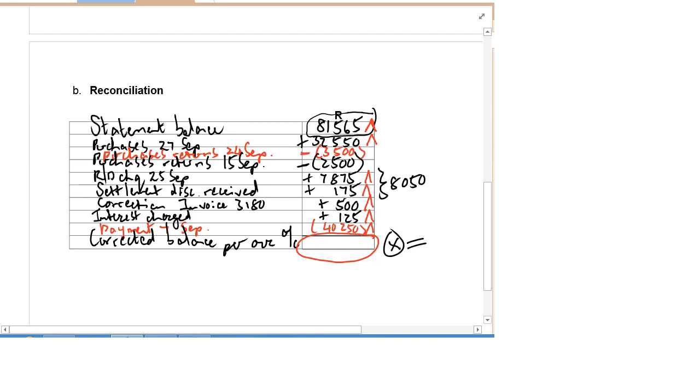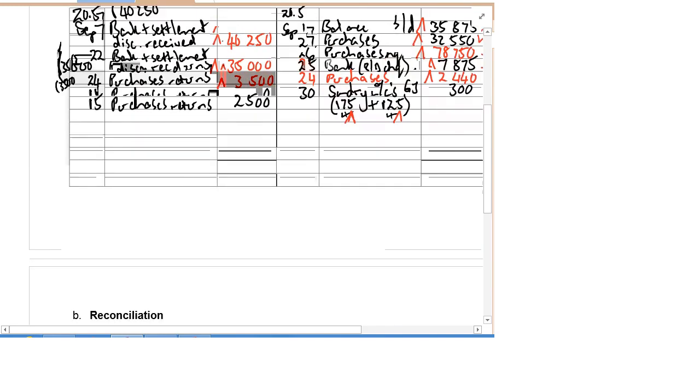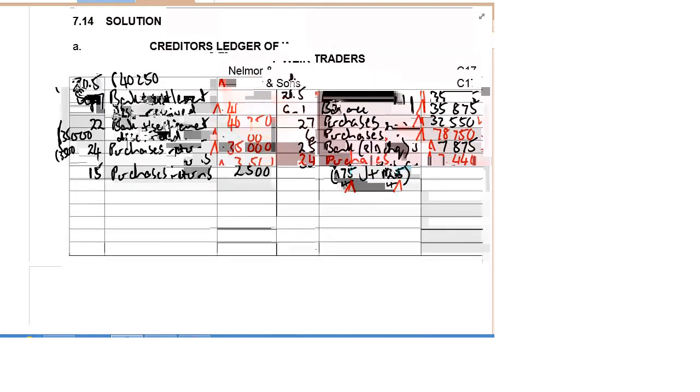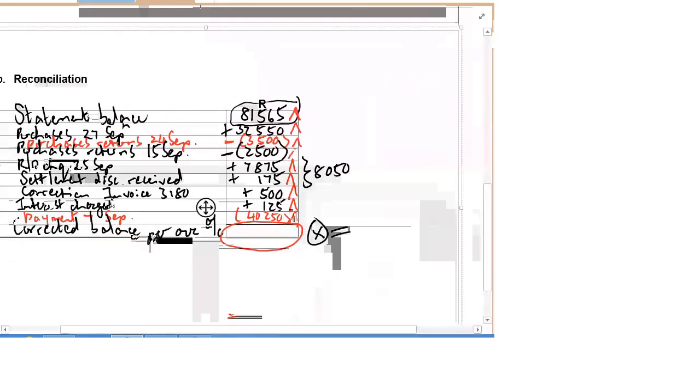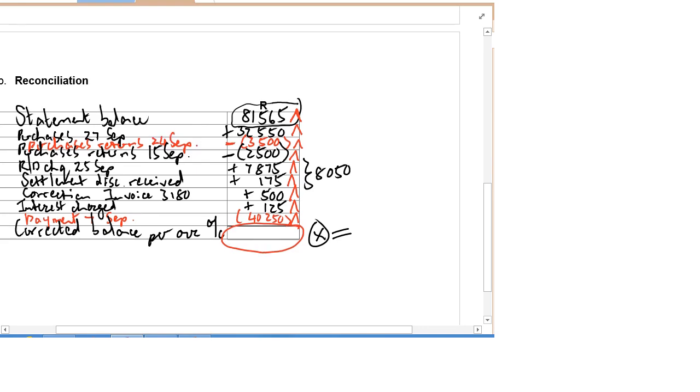So we're going to reduce the amount that is owing to the supplier by 3,500. So that 3,500 is a reconciling item because it was in our books and not in their books. Then finally, the 2,500 we've recorded in our books, and we've already shown that as a reconciling item.